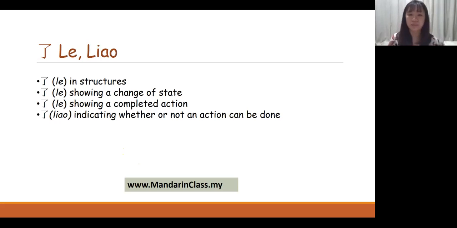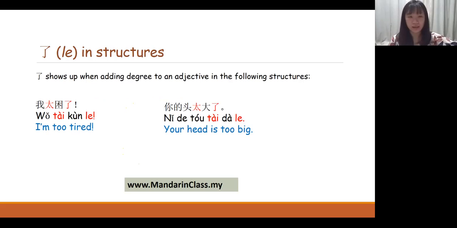It can also show a complete action, past tense. Liao indicates whether an action can be done or cannot be done. Let's look at the examples.